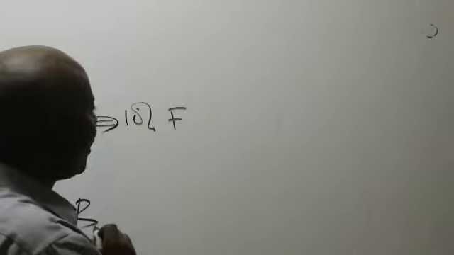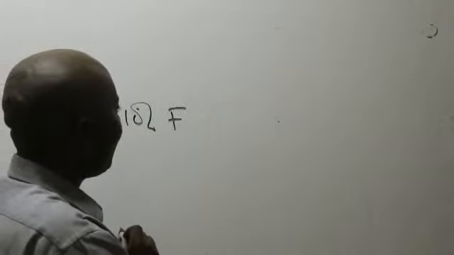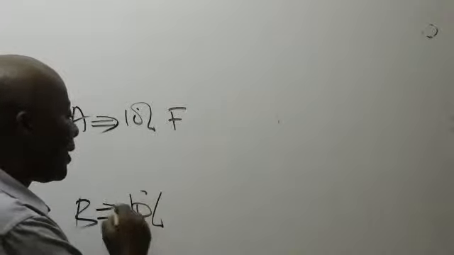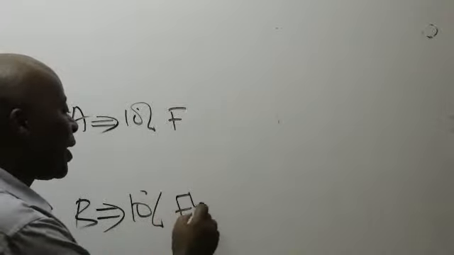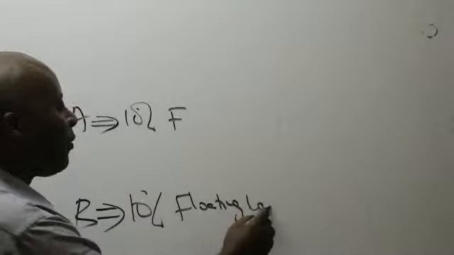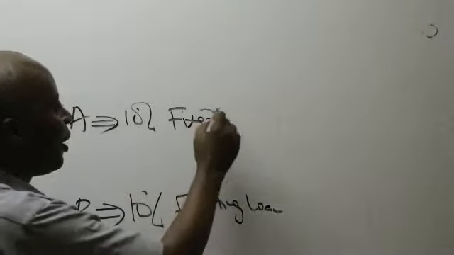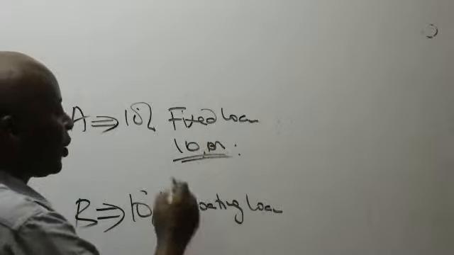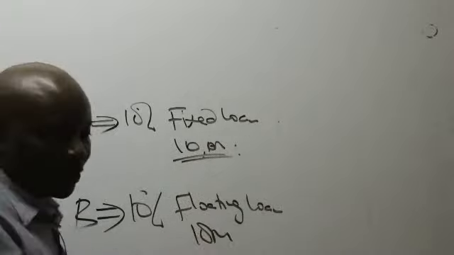It's a fixed loan, 10% per annum. And then B could also be having 10%, in this case floating. A floating loan. This is a fixed loan of say 10 million Kenya shillings, and also this one here is 10 million Kenya shillings.